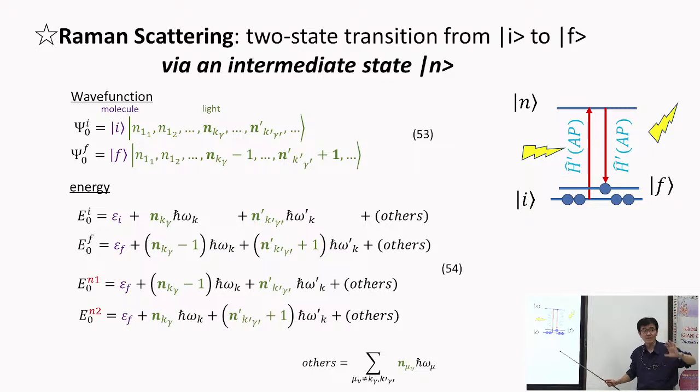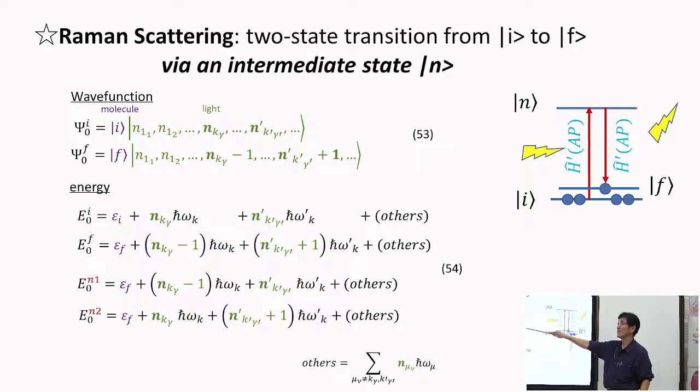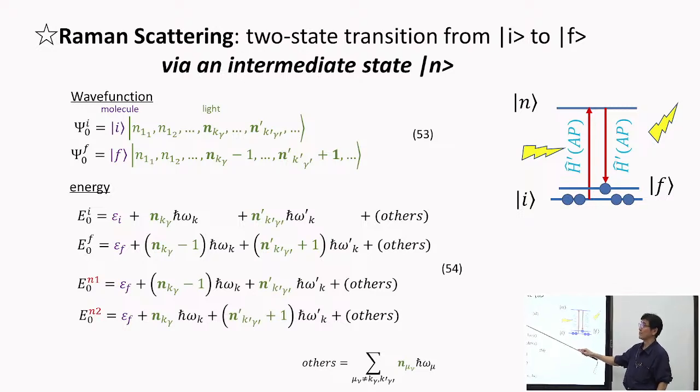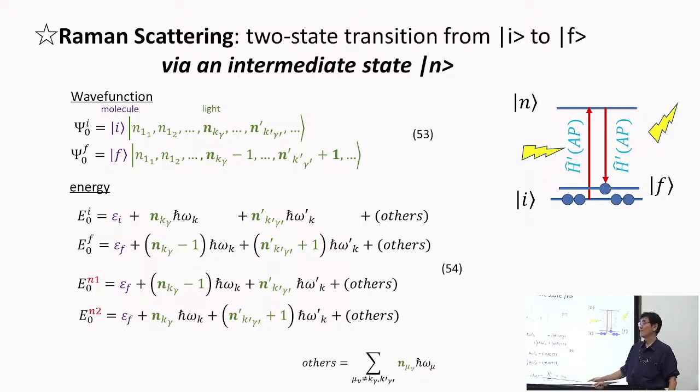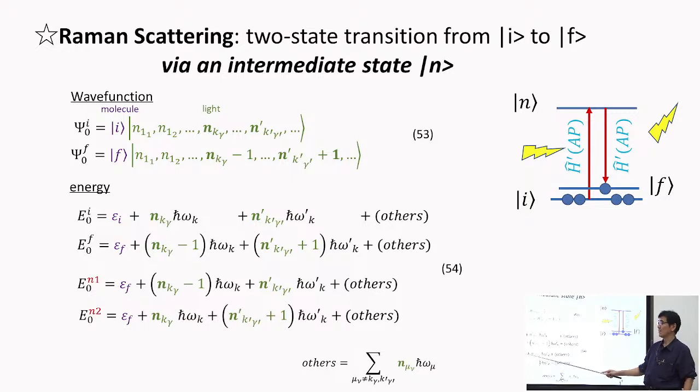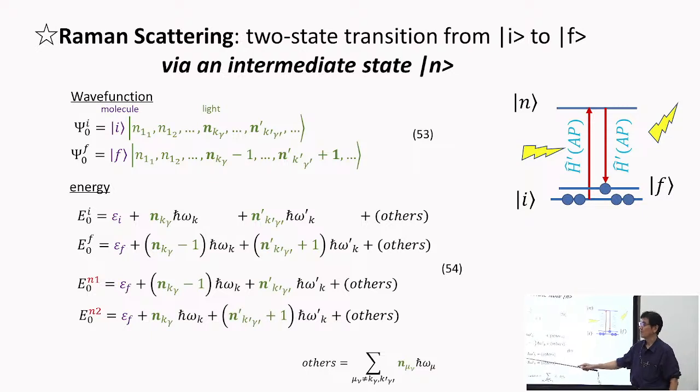That is, I explained AP contains a creation operator and an annihilation operator. So it may increase the number of photons or decrease the number of photons. Anyway, in the final state, something decreases by 1 and something increases by 1, but there is no hint about the order of decreasing and increasing. In that sense, we should consider two intermediates.